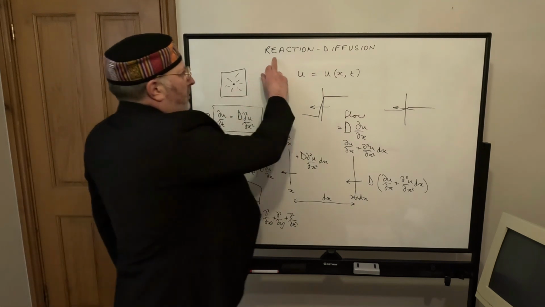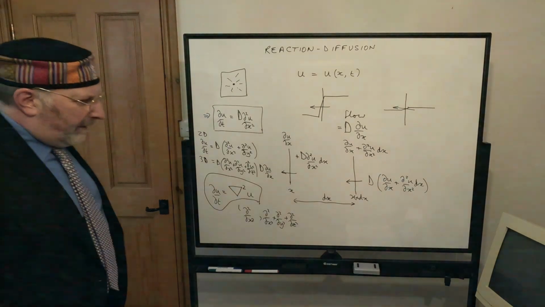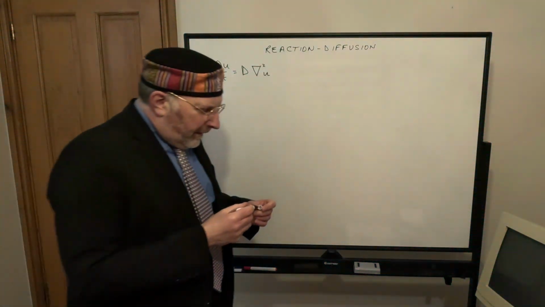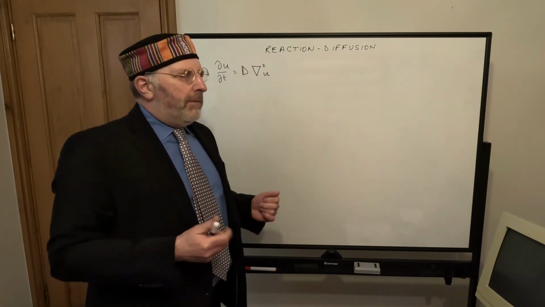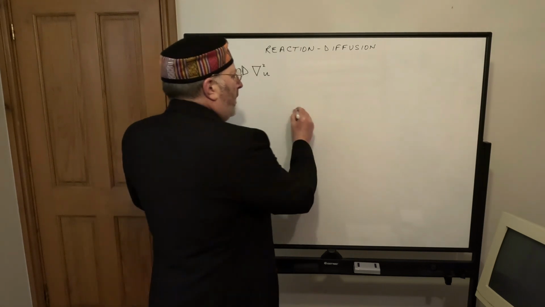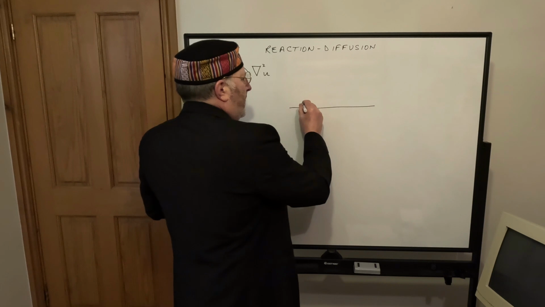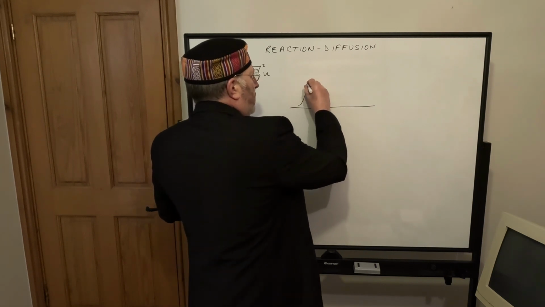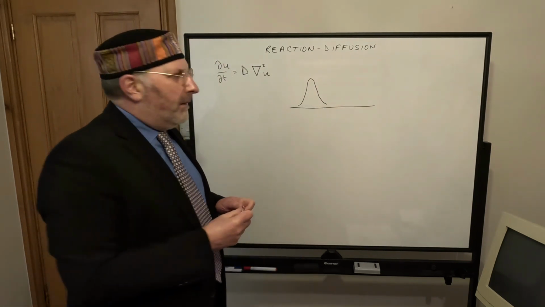But now we're going to be talking about reaction diffusion. So let's have a look at that. What can happen if we think about chemicals for the moment and think in 1 dimension is that we have a chemical that's a catalyst, say, for a particular chemical reaction, that's got a high concentration at a particular point.